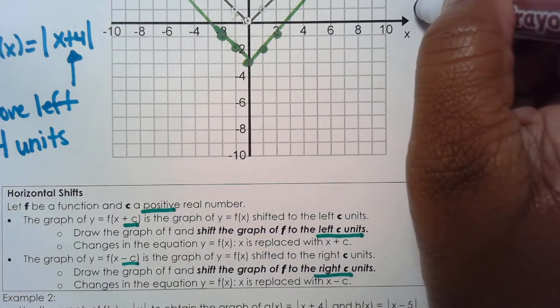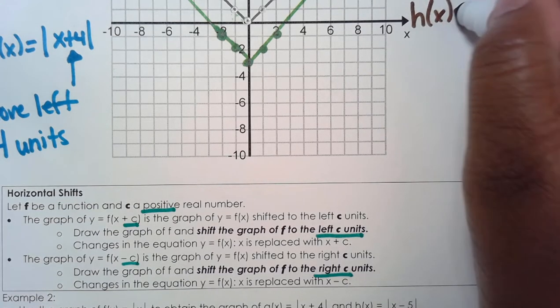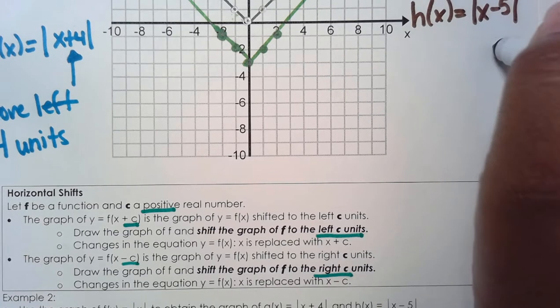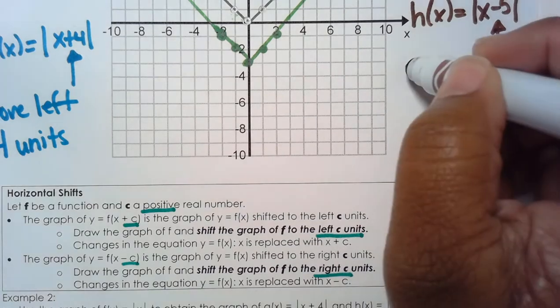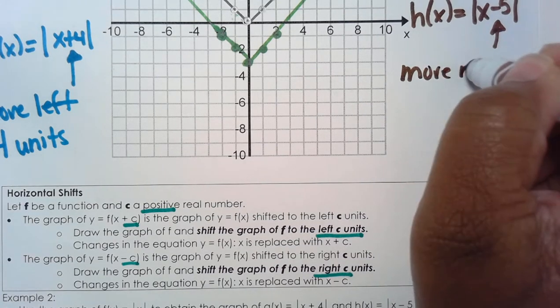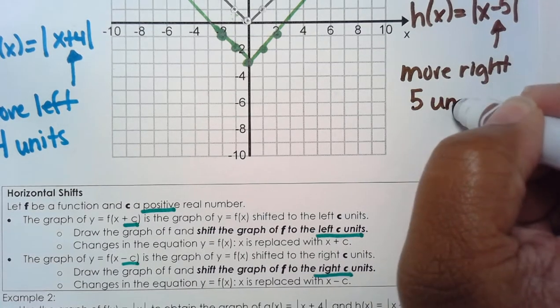Because that constant number is negative, we're going to move right 5 units.